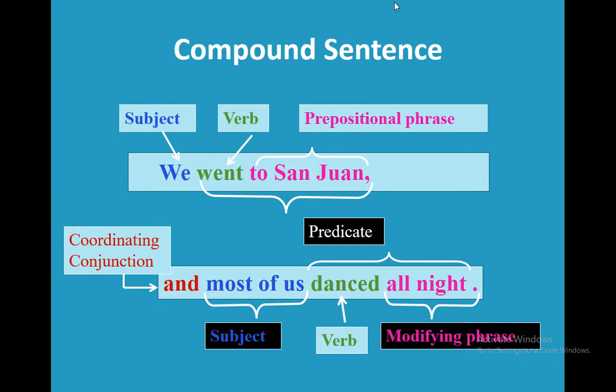We have a subject, a verb, and a prepositional phrase, or we have a subject and the rest of the sentence, which is the predicate. The next independent clause has the same thing, subject, verb, and the rest of the sentence, but it has a coordinating conjunction, which is the link between the two sentences to make a compound sentence.